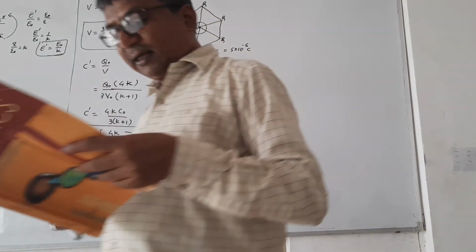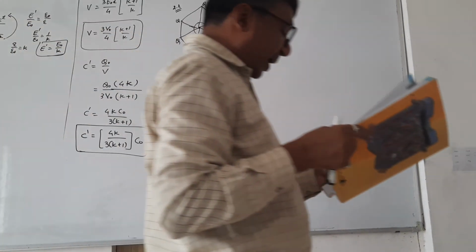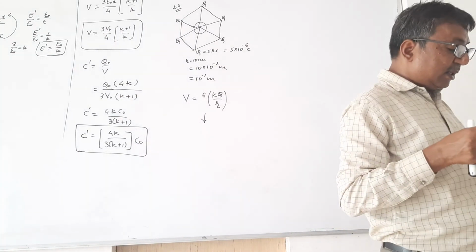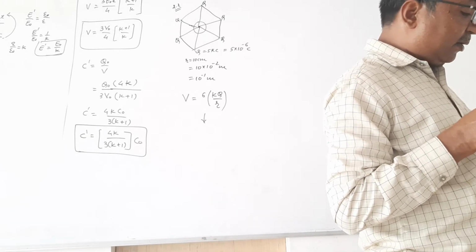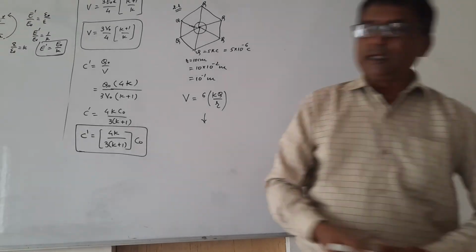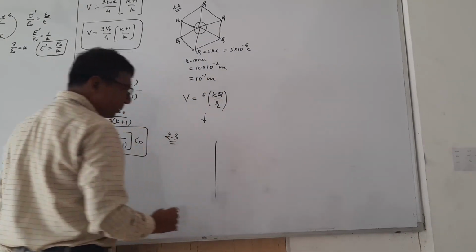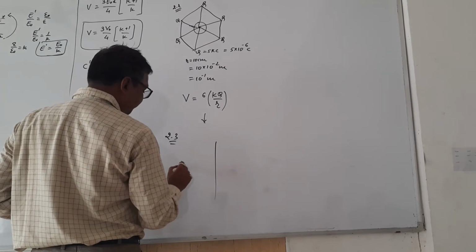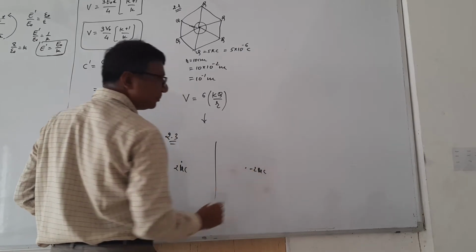2.3 is theoretical. Two charges, 2 microcoulomb and minus 2 microcoulomb, are placed at points A and B apart. Identify the equipotential surface of the system and what is the direction of electric field at every point on the surface. See here, beta, 2.3. Here 2 microcoulomb and here minus 2 microcoulomb.